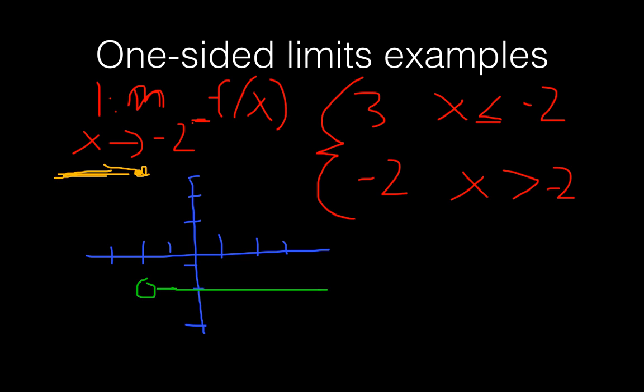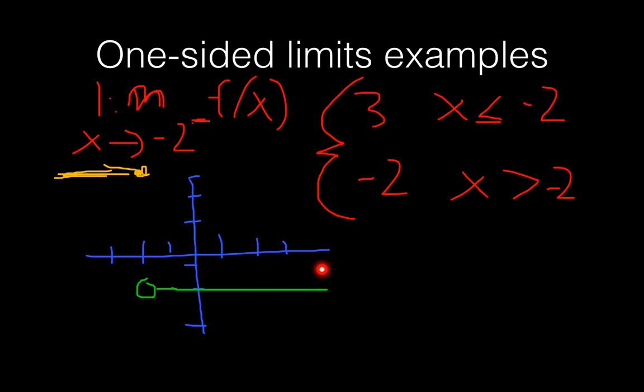And as we can see, as x approaches negative 2 from the left side, so it goes from there to there, the limit as x approaches negative 2 from the left side of f of x, when f of x is 3, we can see it approaches 3.